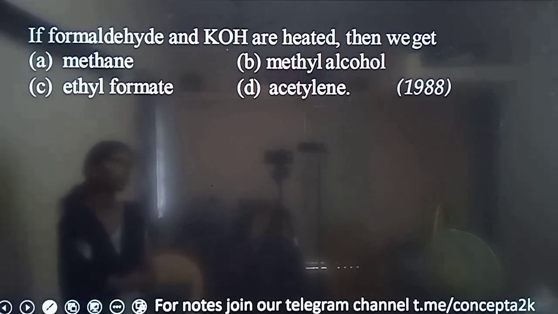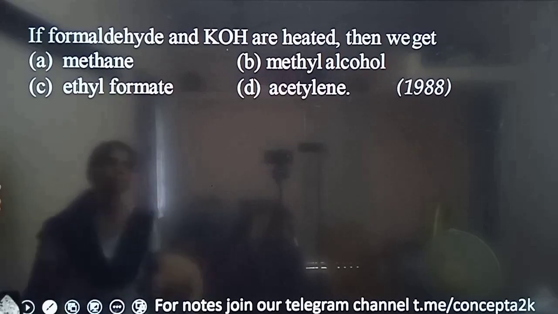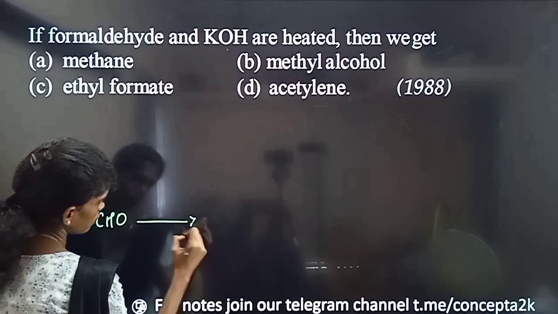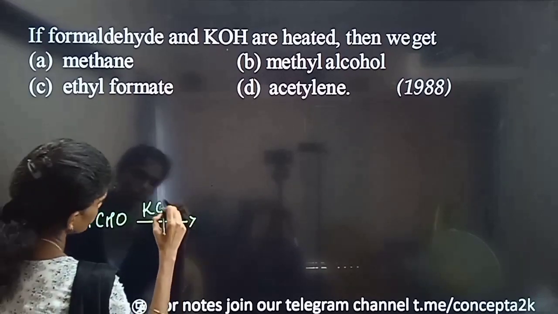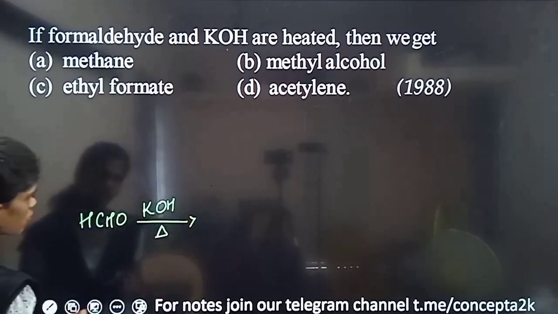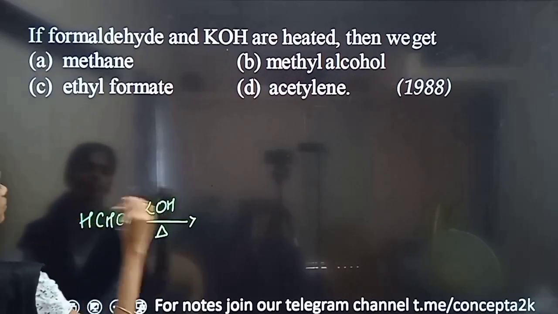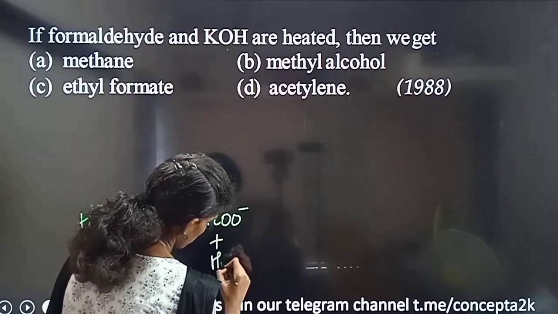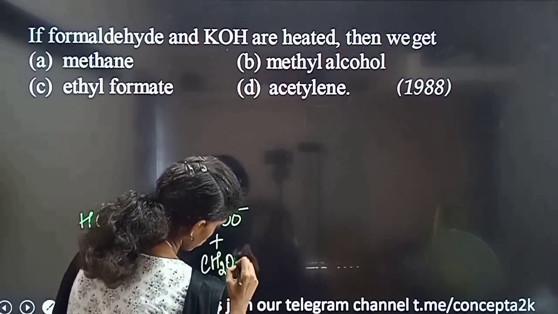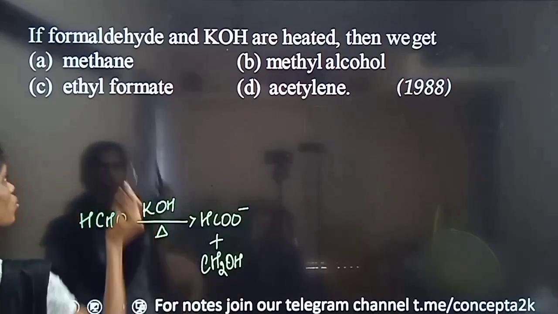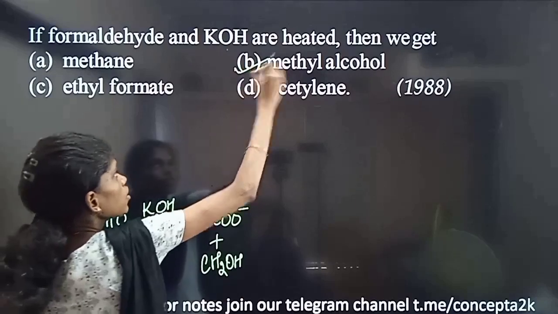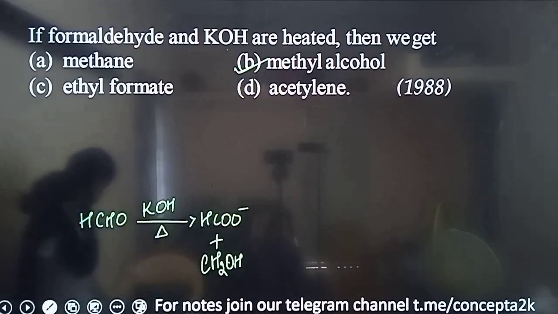If formaldehyde and KOH are heated, then we will get HCOO minus and CH3OH. So here, formate and methyl alcohol. So option B is the right answer.